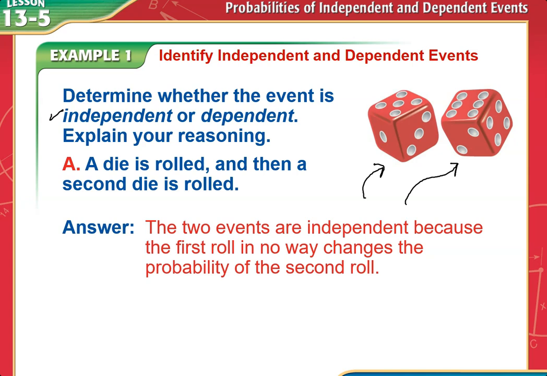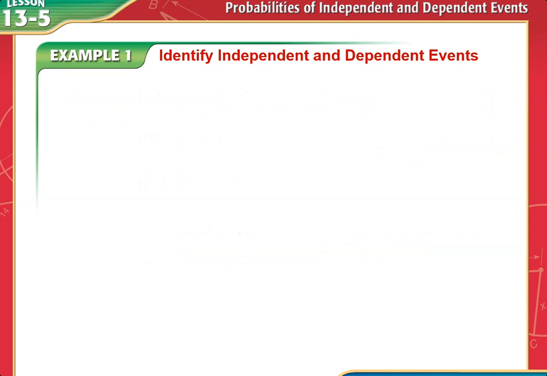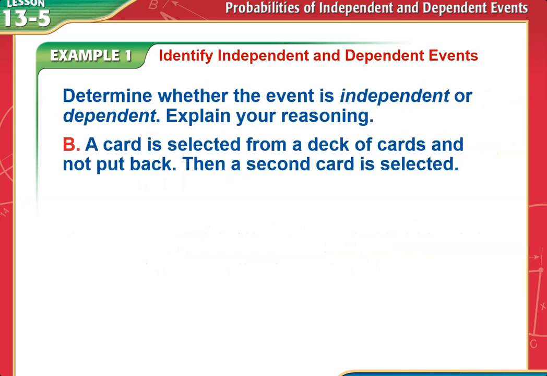Example. Determine whether the event is independent or dependent. Explain your reasoning. A card is selected from a deck of cards and not put back in. Once a card is taken out of the deck, there's only going to be 51 cards in the deck, so the chances for the second card do get affected.